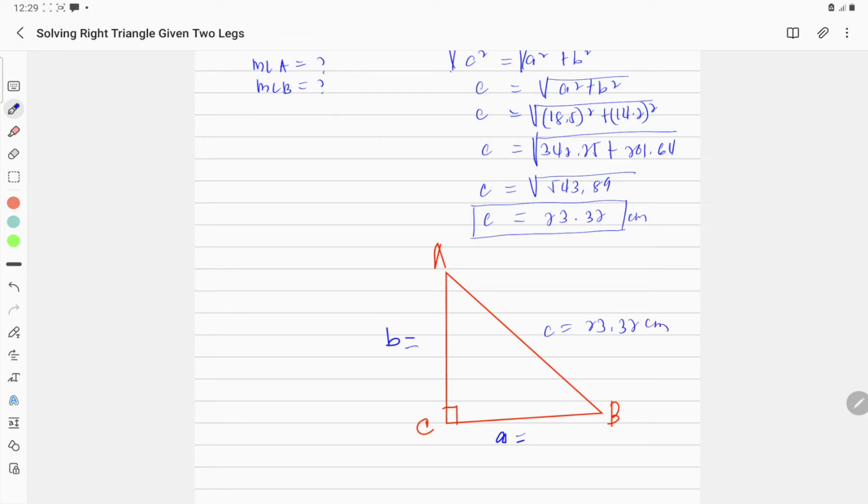Then you have A as 18.5 centimeters, and likewise B is 14.2 centimeters.